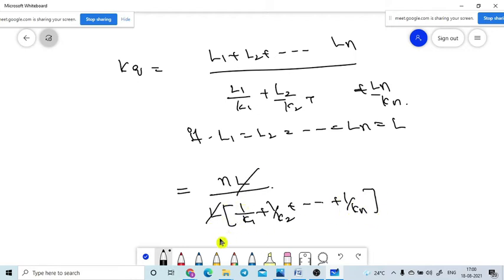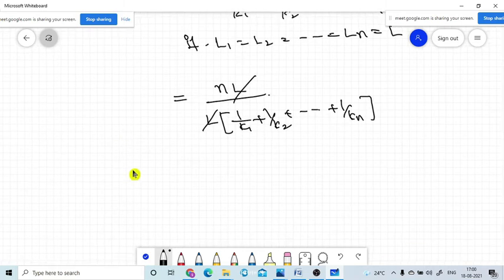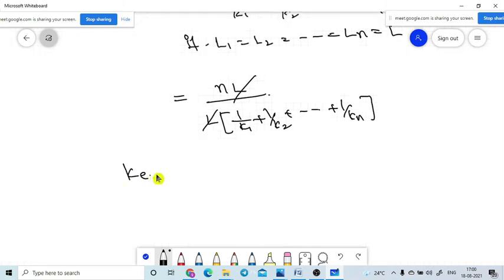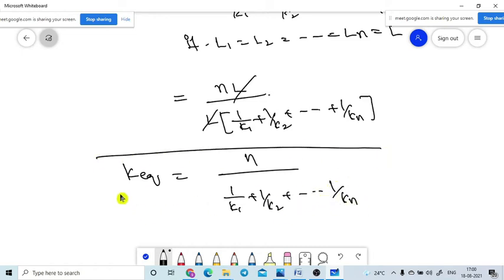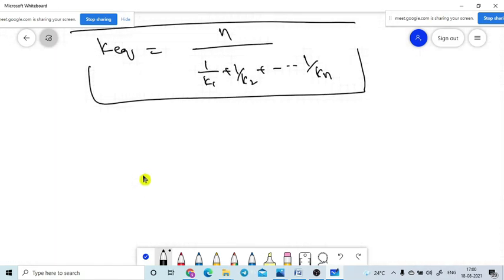So L will cancel, and the resultant K equivalent, the thermal conductivity of the material, is K equivalent is equal to N divided by 1 by K1 plus 1 by K2 plus and so on 1 by Kn. Both formulas are the same. The above formula and this one are both the same. There is no change.